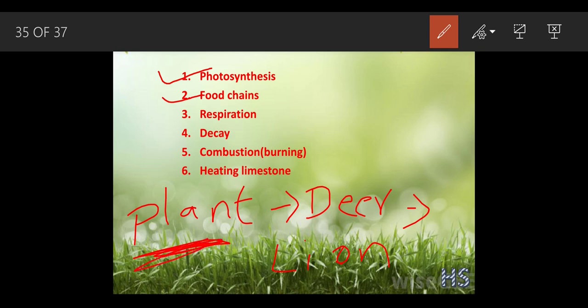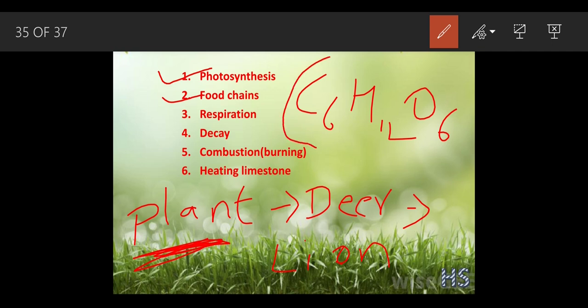Plants prepare their food. What does this food mean? Glucose. What is the formula of glucose? C6H12O6. So there is a presence of carbon. This glucose is consumed by the deer, so indirectly this carbon also enters the body of the deer.